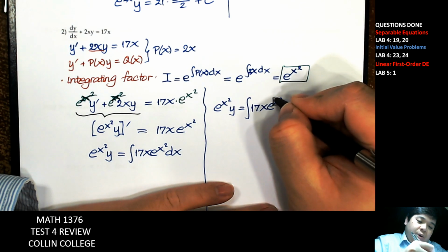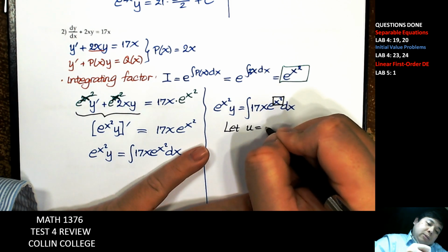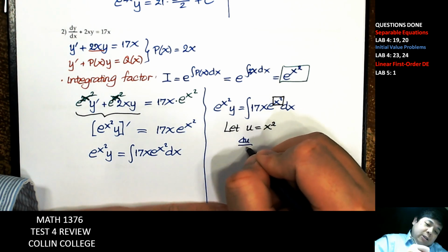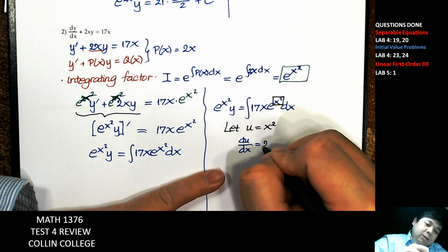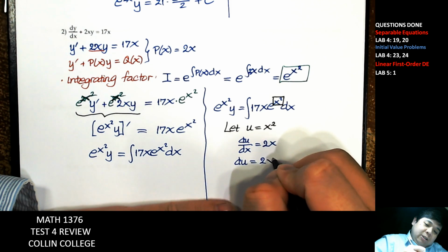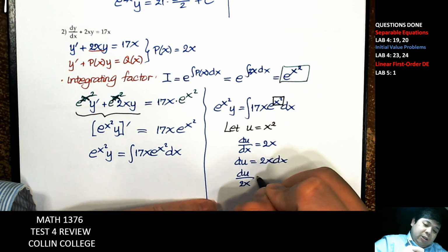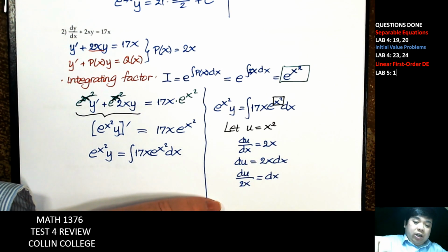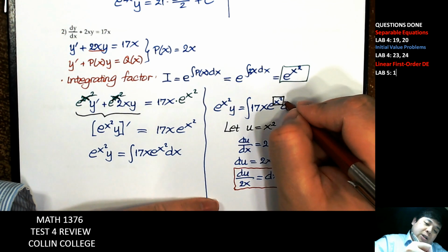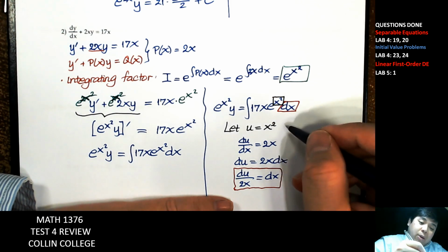We will let u equal x squared and we take the derivative, du equals 2x dx, so dx equals du over 2x. This is the substitution that we did at the beginning of the class. So we have dx and u. Right. Substitute back into the equation.